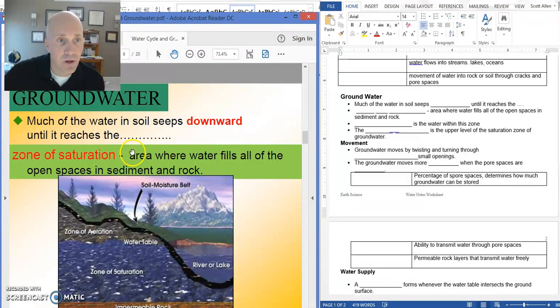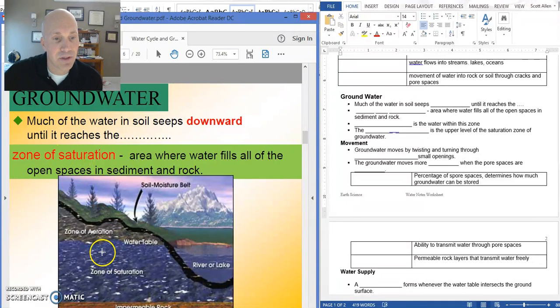At that point, the water can't go anywhere, so it starts to accumulate. If you left it there for long enough, you'd notice that there's water at the bottom of the container, so you're going to have wet sand there. But on top of that wet sand, you're going to have a region of the sand where there isn't water. That part of the sand that's got all the water in between all of the sand particles is what you would consider the zone of saturation.